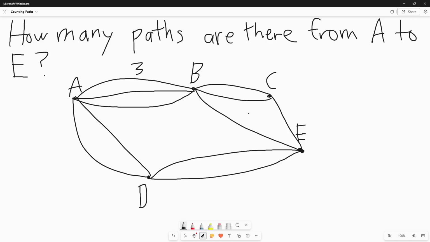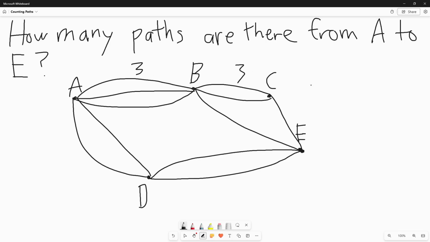There's only one path that doesn't touch C, and it goes directly to E, so that's 1. And then from B to C to E, there's 2 from B to C, and then 1 from C to E. So that's 2 times 1, so it's 2, plus 1, that's 3. So the total number of paths from B to E is 3.